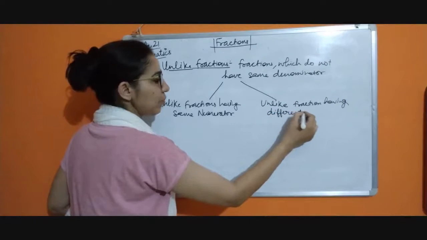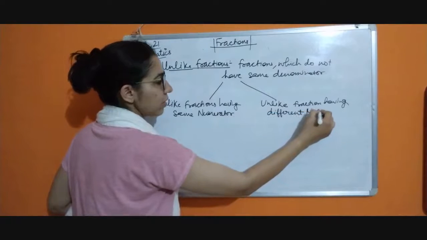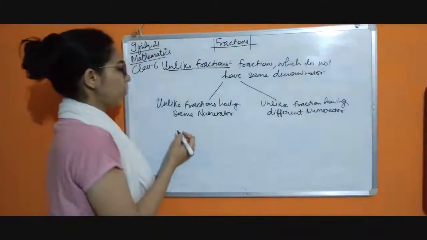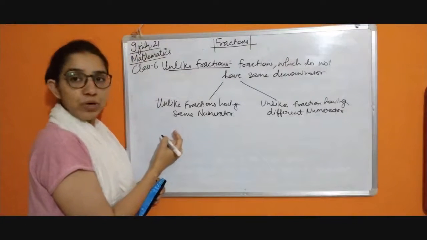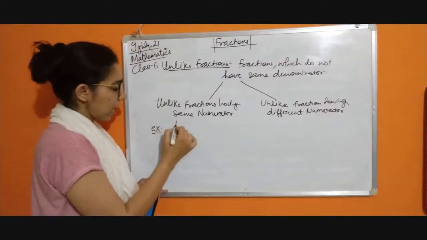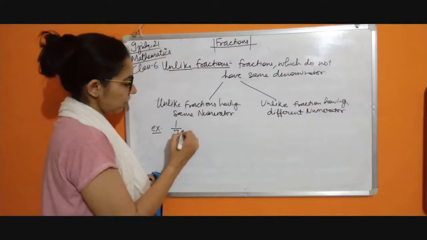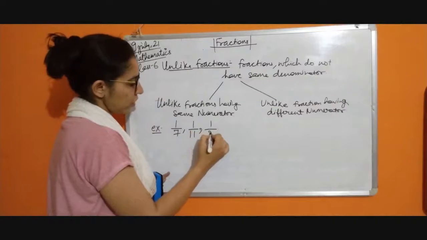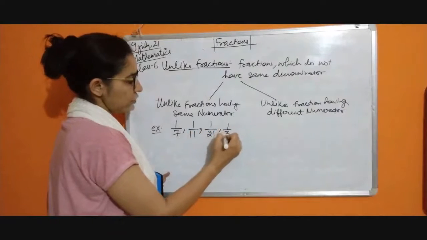We are going to take an example for both of them. Okay. So unlike fractions having the same numerator are going to be like this. Suppose we have 1 by 7, 1 by 11, or maybe 1 by 21, 1 by 3, etc.